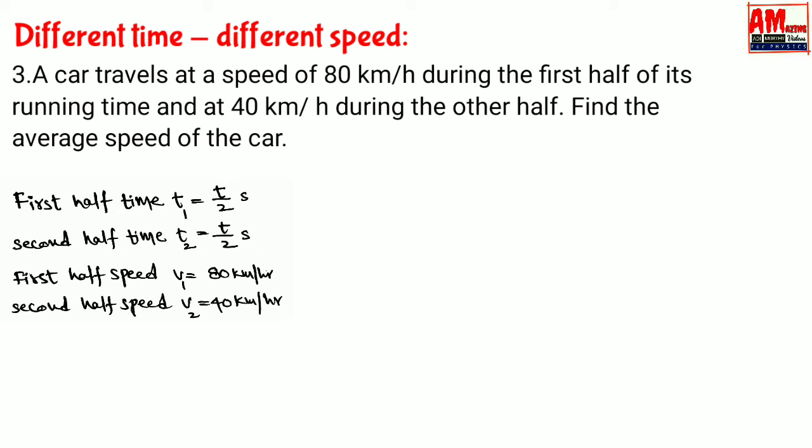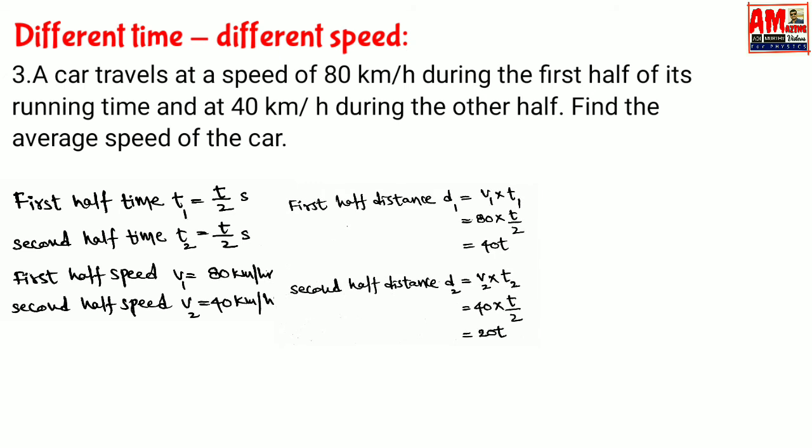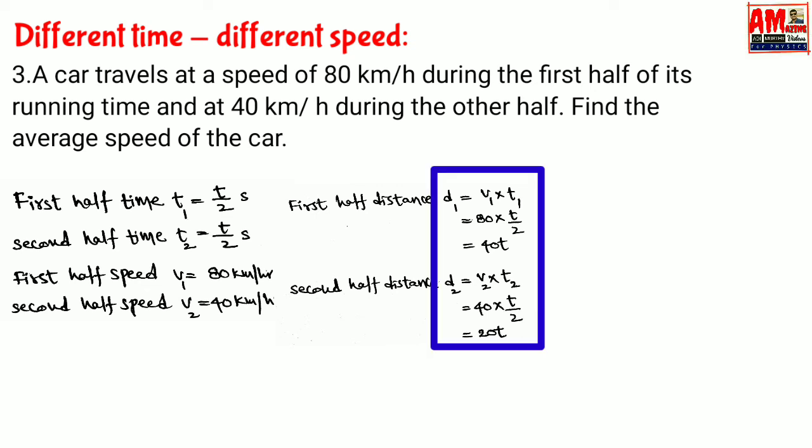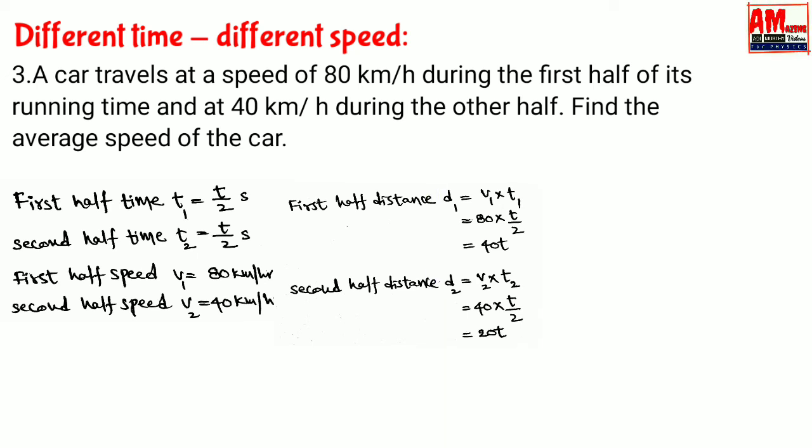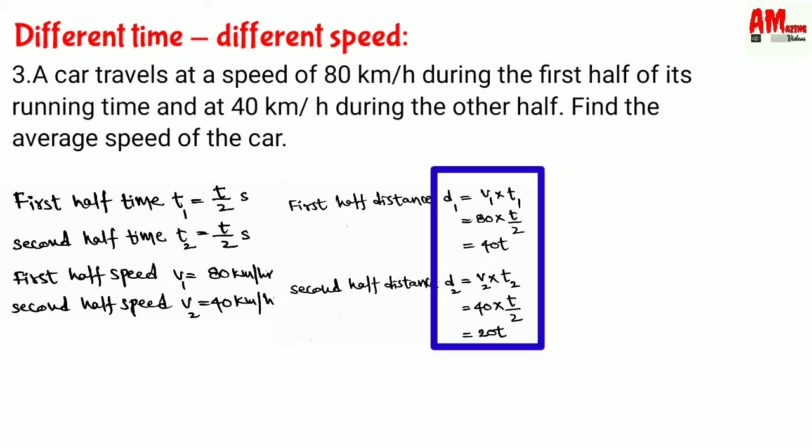As I already told you, the values we need are distance d and time. Here time is given, distance we need to find by using the formula. First half distance d1 is equal to v1 into t1, which is 80 into t by 2, that is equal to 40t. Second half distance d2 is equal to v2 into t2, that is equal to 40 into t by 2, which is equal to 20t.